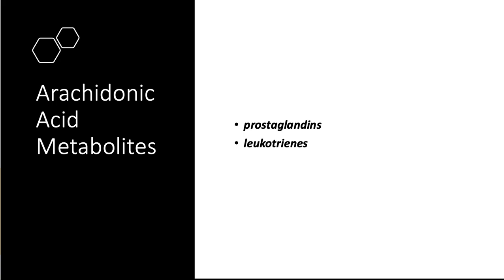These mediators, also called eicosanoids because they are derived from 20-carbon fatty acids and Greek eikosi is 20, are synthesized by two major classes of enzymes: cyclooxygenases, which generate prostaglandins, and lipoxygenases, which produce leukotrienes and lipoxins. Eicosanoids bind to G protein-coupled receptors on many cell types and can mediate virtually every step of inflammation.